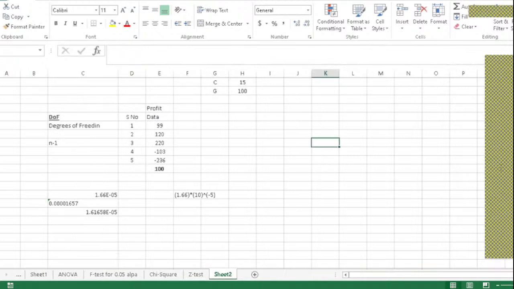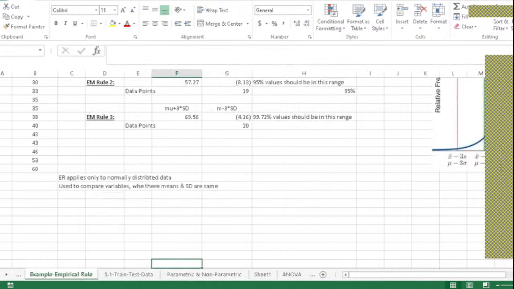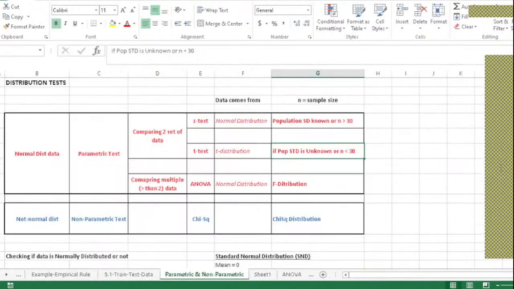So let's understand when we use these tests: z-test, t-test, ANOVA.